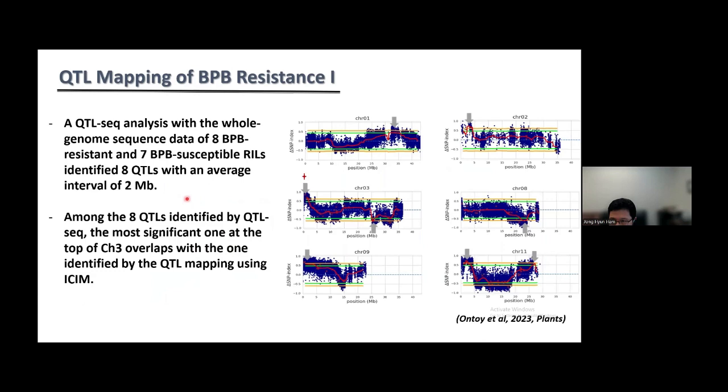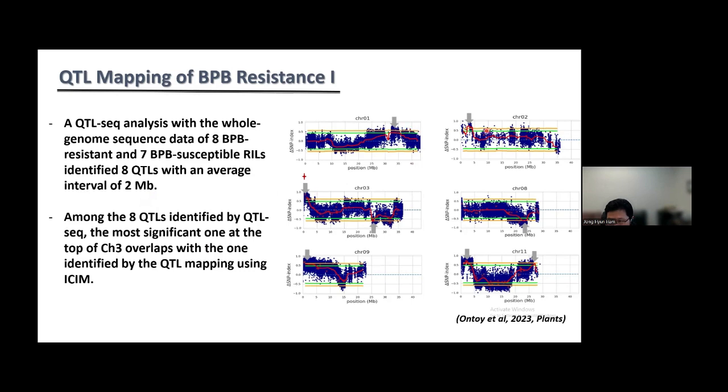And the next approach is that we tried the QTL-seq analysis, using the 8 most resistant recombinant inbred lines and 7 most susceptible recombinant inbred lines, and compared the whole genomes of them. From this analysis, we could identify 8 QTLs with an average interval of 2 megabases, which means we could actually see the candidate genes in each locus.